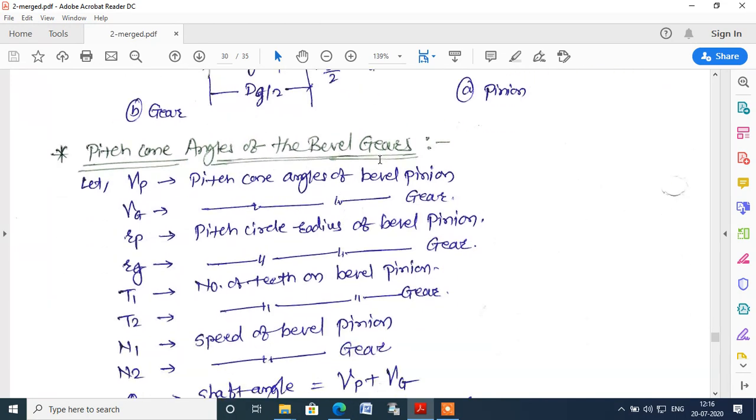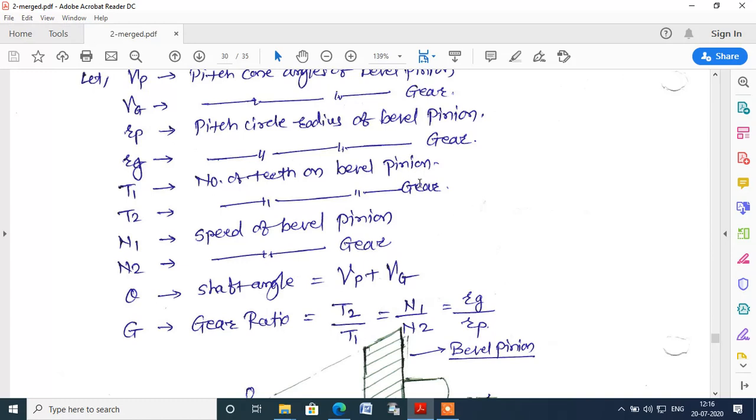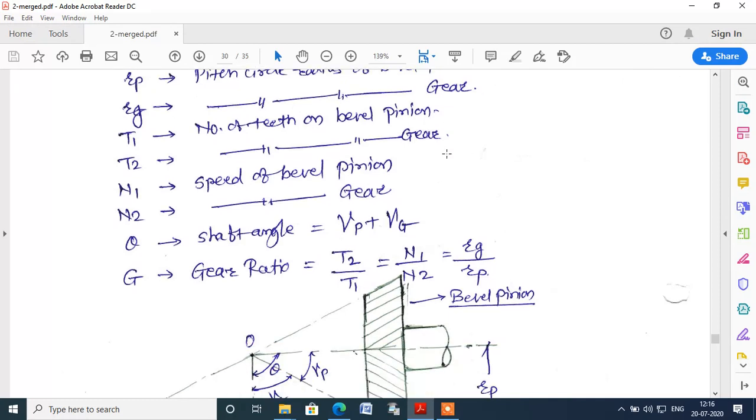Now we will see the pitch cone angles of the wheel gears. So let us say gamma p is the pitch cone angle of the wheel pinion, gamma g the pitch cone angle of the gear wheel. RP is the pitch circle radius of the wheel pinion, and RG is the pitch circle radius of the wheel gear. T1 is the number of teeth on the wheel pinion, and T2 is the number of teeth on the wheel gear.